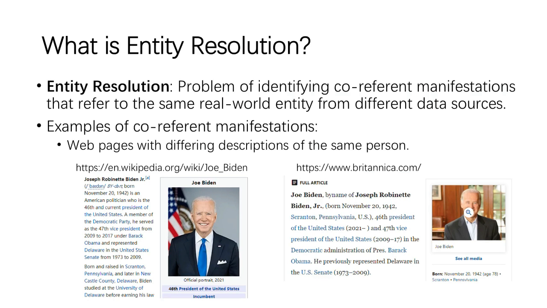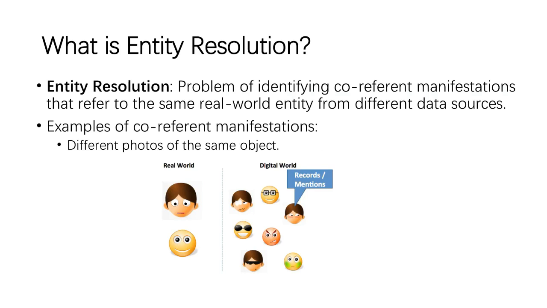But for human beings, after reading through both articles, we can be pretty sure that they are referring to the same entity. You can argue this is an easy example, but there are plenty of examples of persons with different scenarios: there are different people with the same name, or the same person with multiple names. So this adds to the difficulty level of the problem.